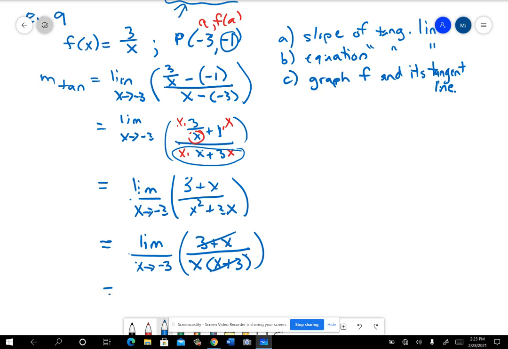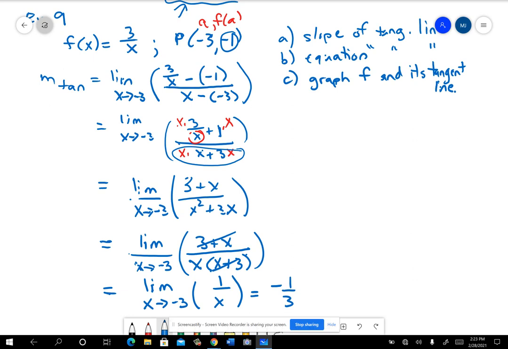And as long as you weren't right at -3, which we're not, we're just looking for x getting close to it, then the limit as x approaches -3 of basically 1 over x, we can now do because we've eliminated that spot where it was undefined, and it would equal -1/3. Now we can plug in and we'll get negative 1/3. Okay. All right, so that's working with a rational function.